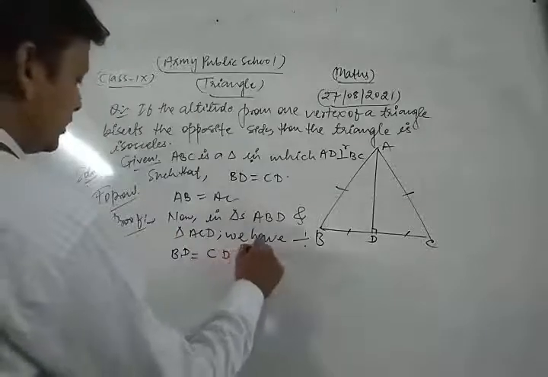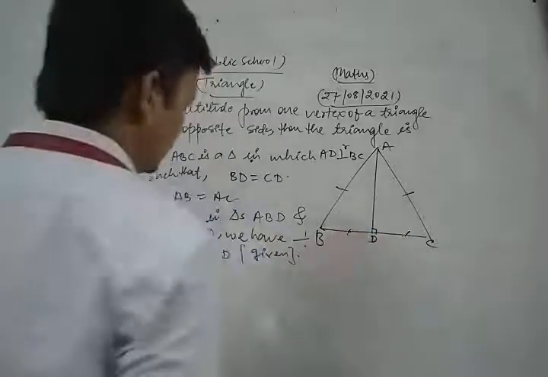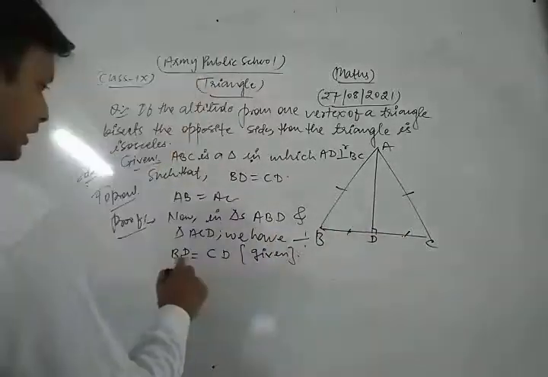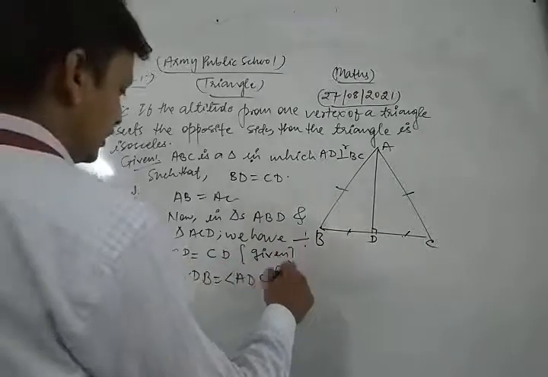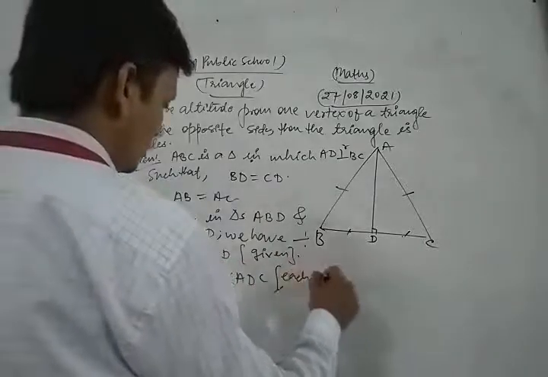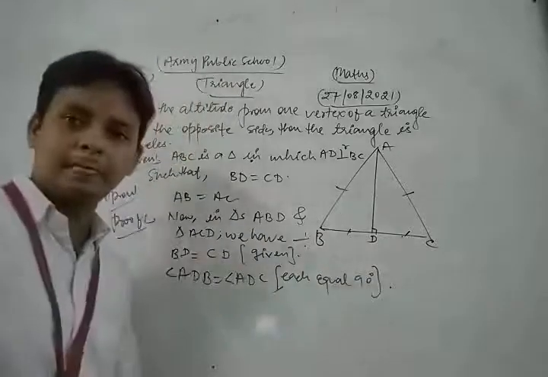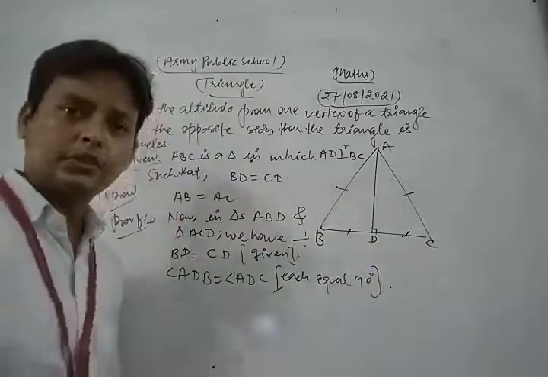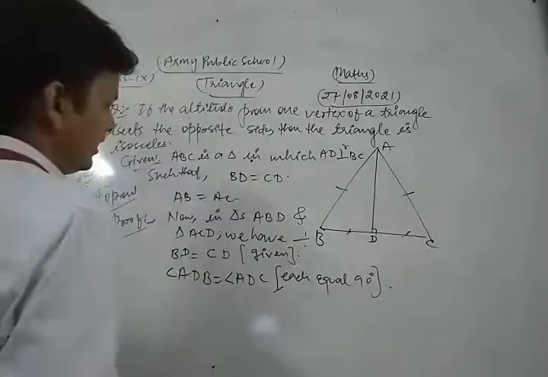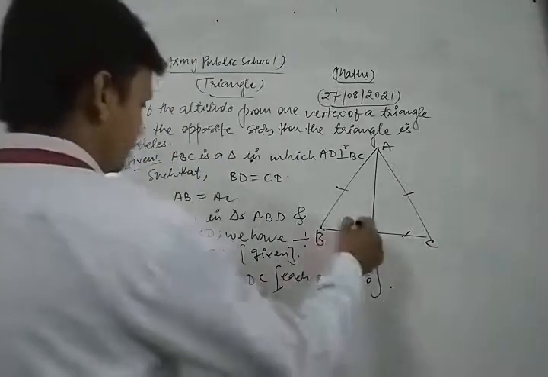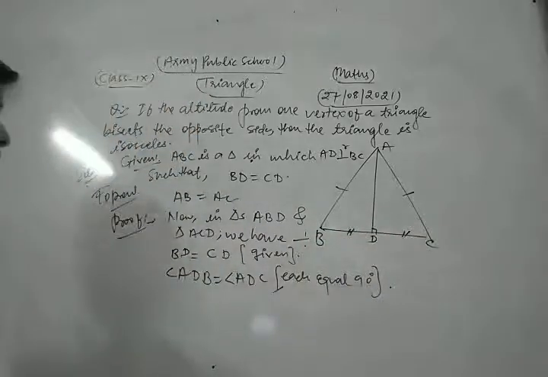This is given. Angle ADB is equal to angle ADC, each equal to 90 degrees. ADB and ADC, each equal to 90 degrees.